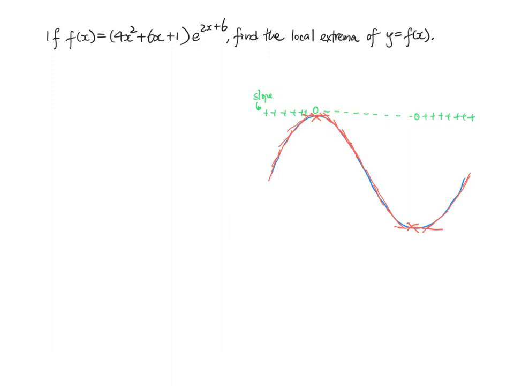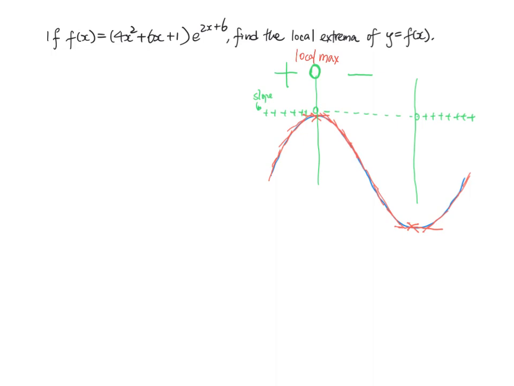So in this case we could break it into 3 sections, like this. In this section the slopes are positive, and you go from positive through 0 to negative, then at this particular point it's a local maximum.